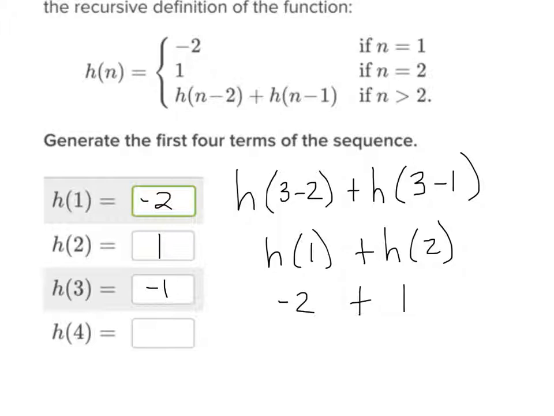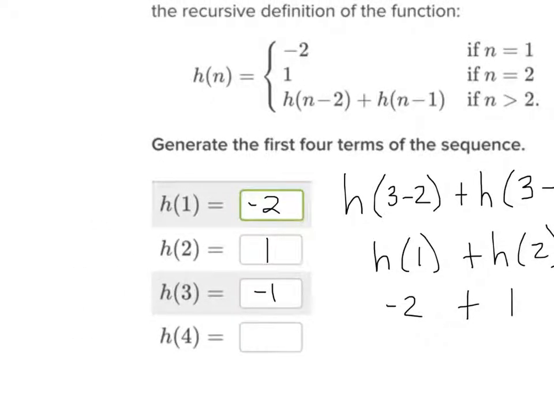Now let's do our last one. On h of 4, I just need to put a 4 in for n here and for n here. So I have h of 4 minus 2 plus h of 4 minus 1.